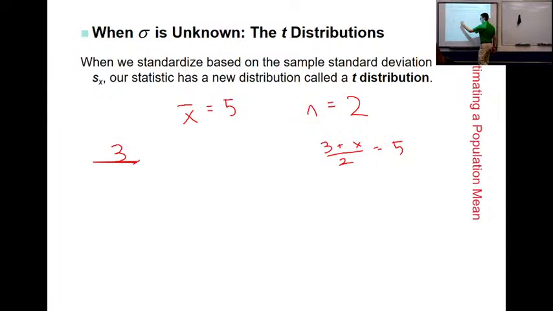It's 7. So my second number in the list had to be 7. How many degrees of freedom did we have? We had 1 degree of freedom. I had to tell you one of these numbers on the list before the second number was locked in, and I knew what the number had to be. Let me do one more.